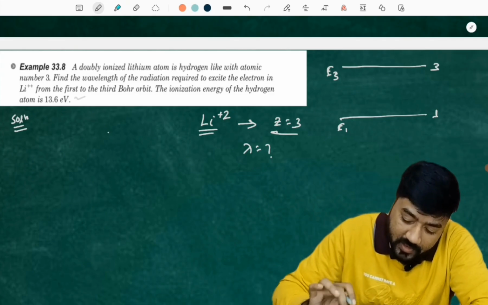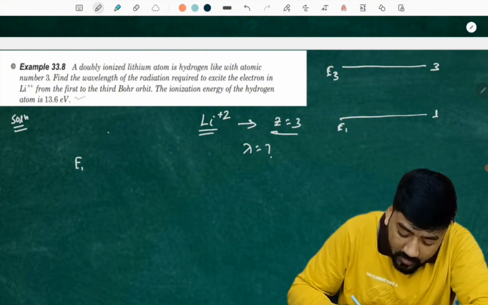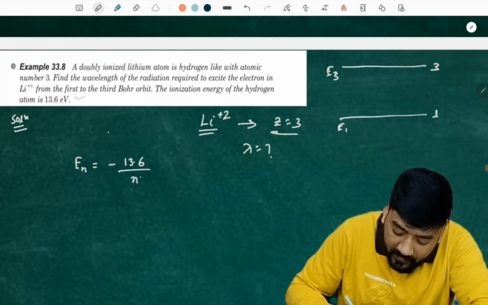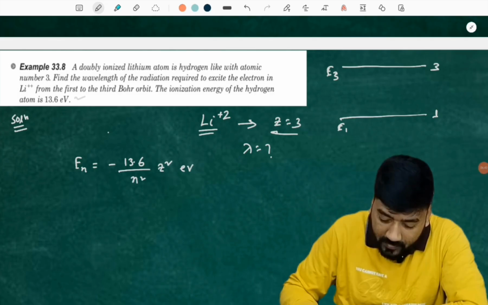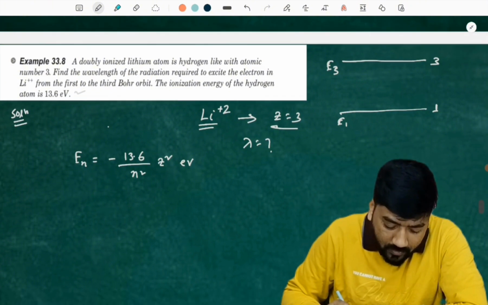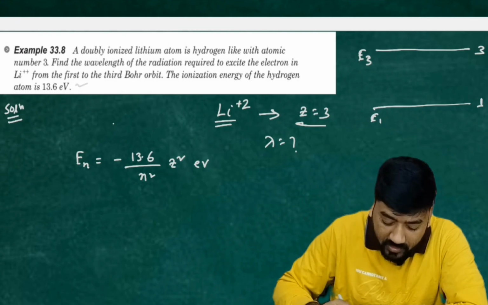So first what do we have to find? E1 and E3 for lithium. But what is the general expression for En? En is nothing but, in terms of hydrogen atom, we can write minus 13.6 electron volt upon N square into Z square. This is in terms of electron volt. Z here is 3, and for the ground state N is equal to 1.